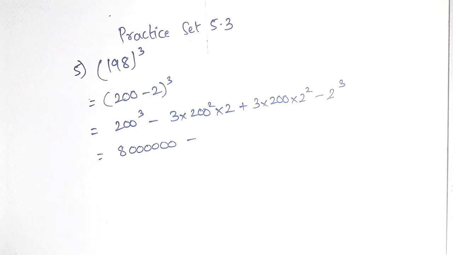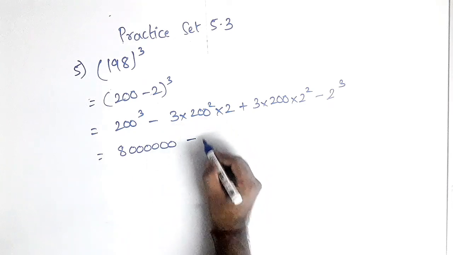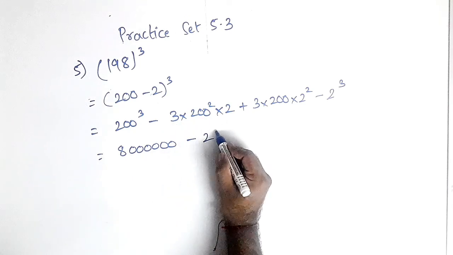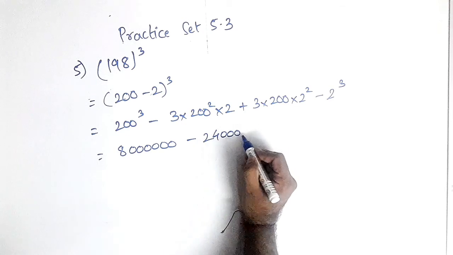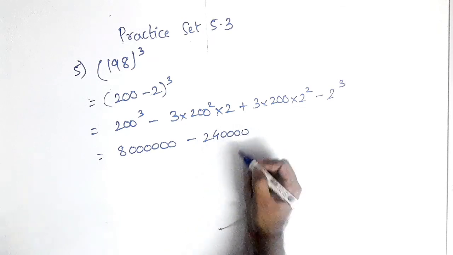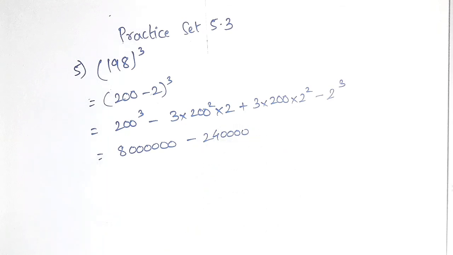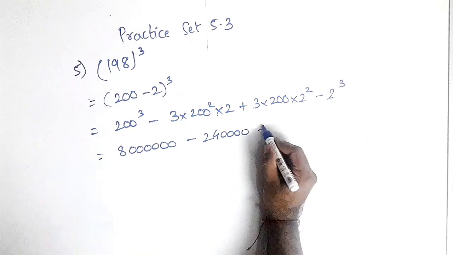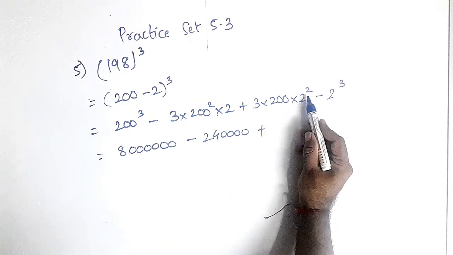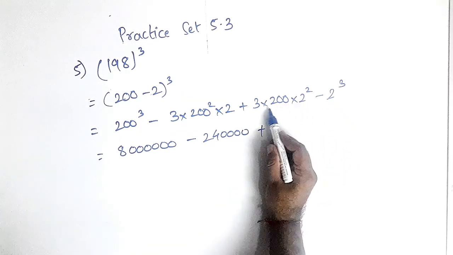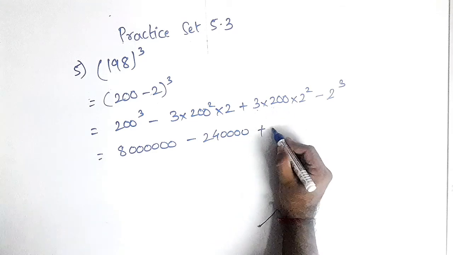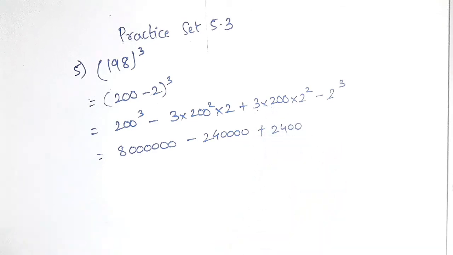Okay, so 40,000 into 2 is 80,000 and 80,000 into 3 is 2,40,000. Okay, so this is 2,40,000 plus, let us see what is this. 2 square is 4, 4 3s are 12, 12 2s are 24, 2400, 2 zeros.